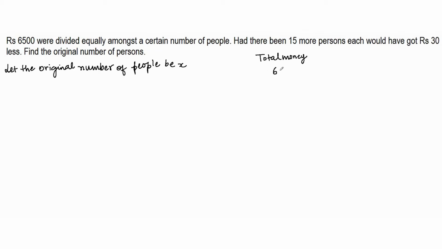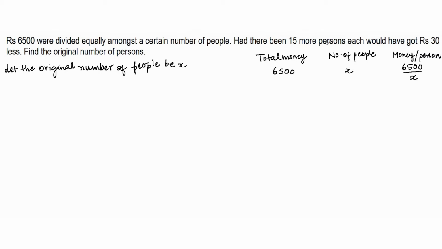The total money is 6,500. There are x people, so let the number of people be x, and therefore the money per person: if there are 6,500 rupees to be distributed between x people, the money in each person's share is going to be 6,500 divided by x, right?